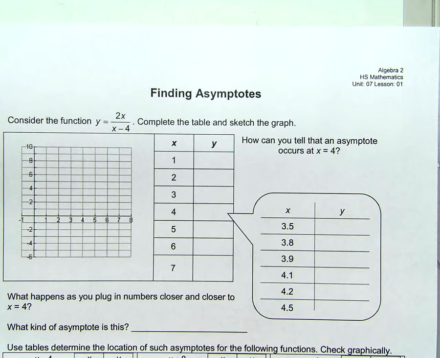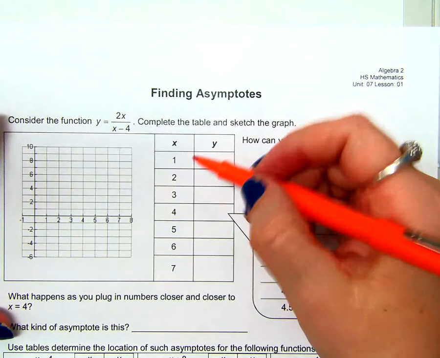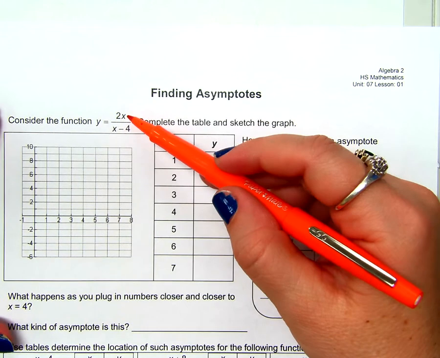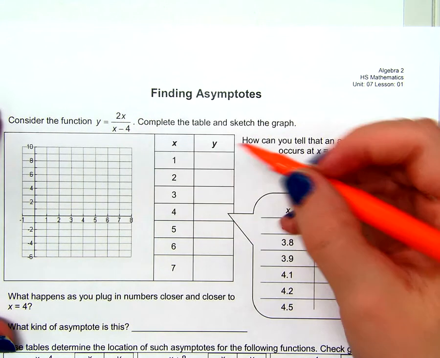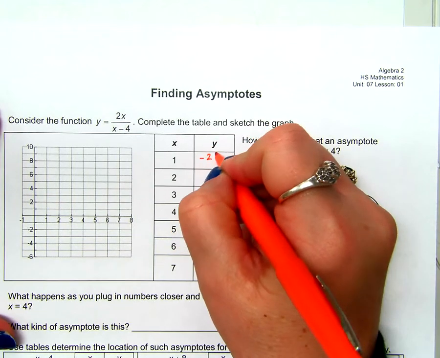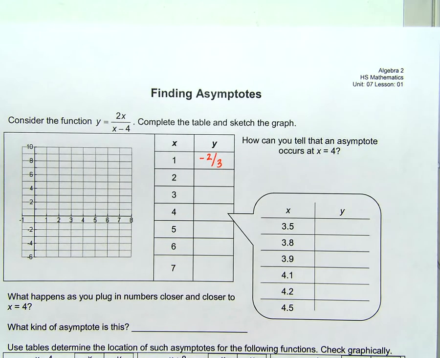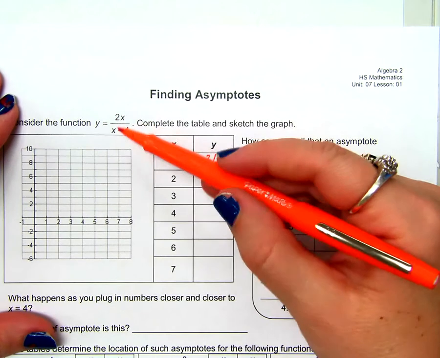Okay, so consider the function y equals 2x over x minus 4. Complete the table and sketch the graph. So, if x is 1, what's 2 times 1? 2 divided by 1 minus 4? Negative 2 over 3. If x is 2, 2 times 2?